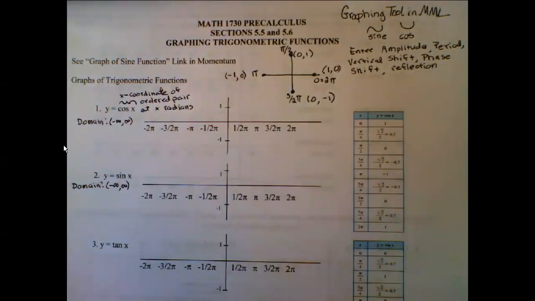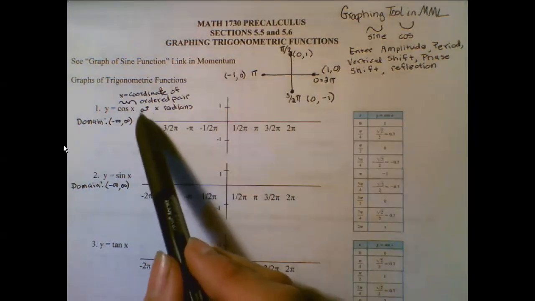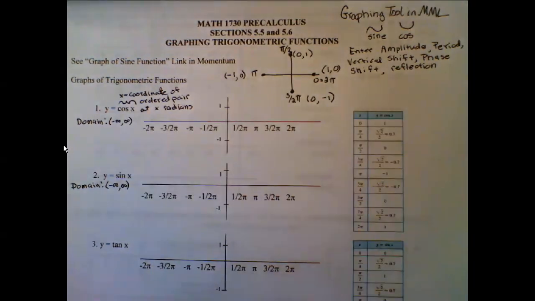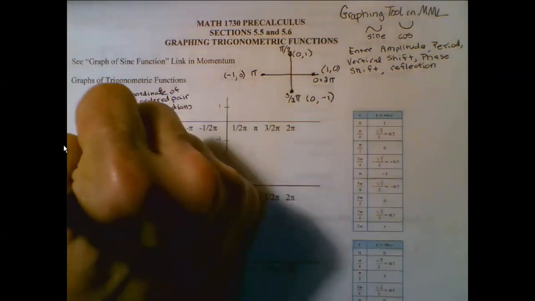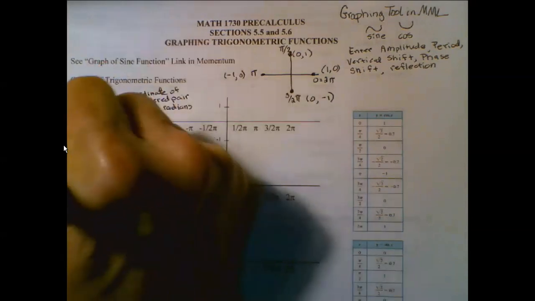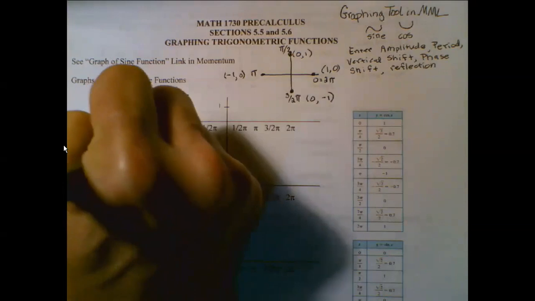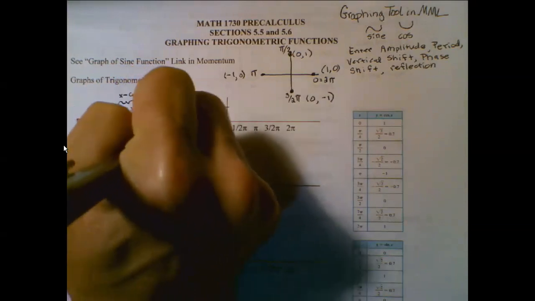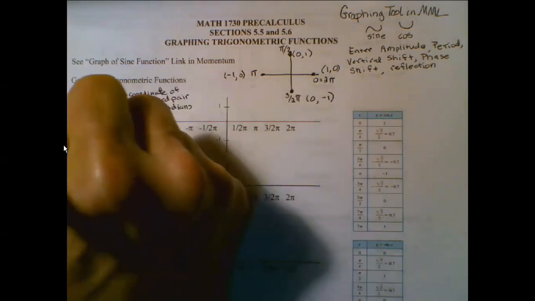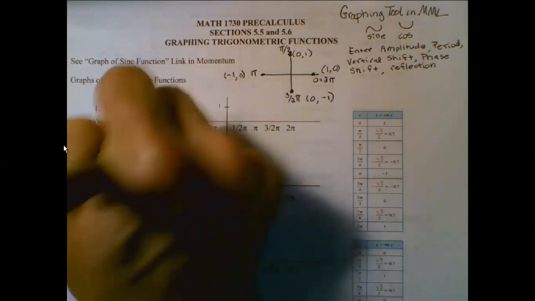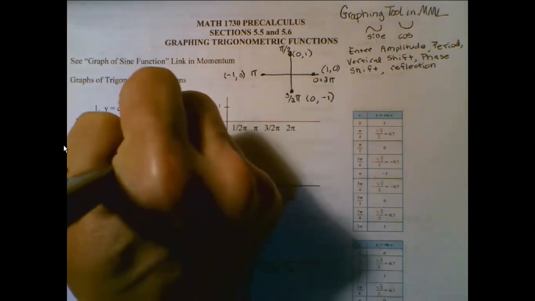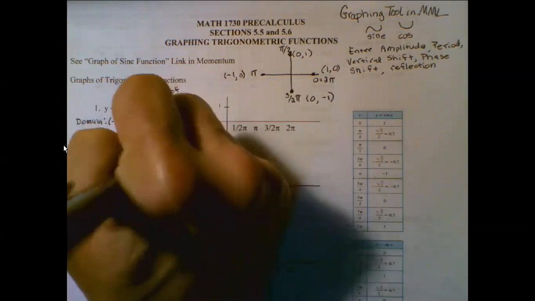You could also use x degrees, but if no degree symbol is there, then I'm going to take that to be radians. When I'm graphing y equals sine x, I'm thinking sine x is the y coordinate of the ordered pair at x radians.